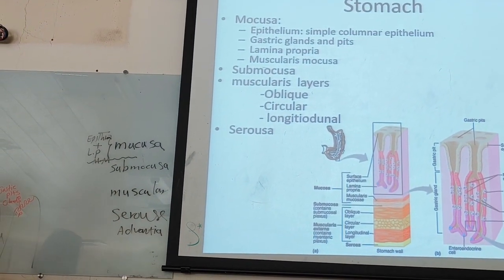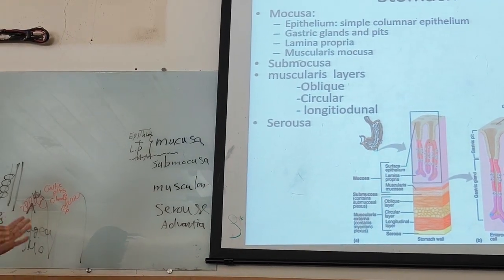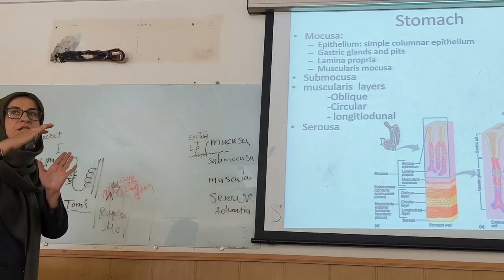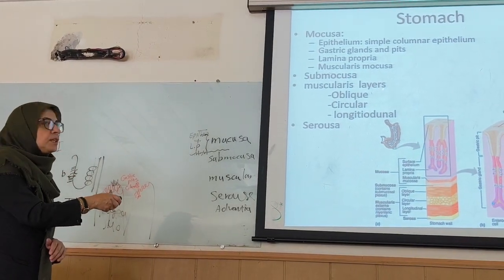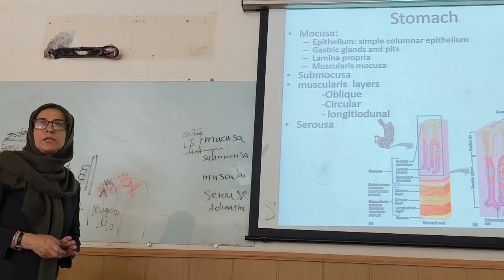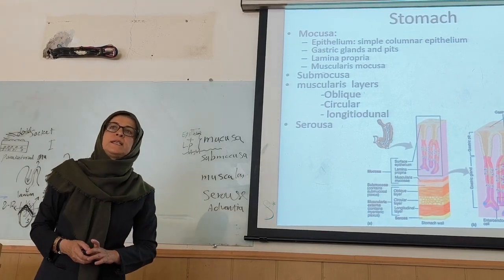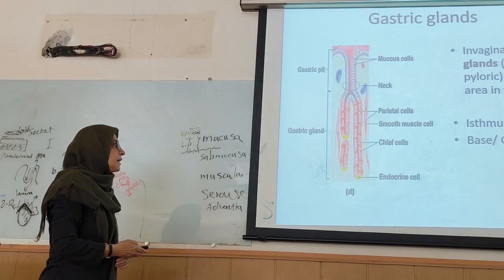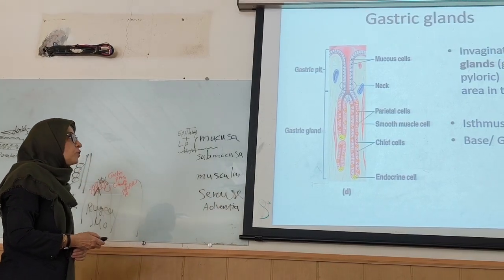They are located in three layer directions: oblique, circular and longitudinal. And finally, the outermost layer is lined by serosa, connective tissue lined by one layer of squamous cells.